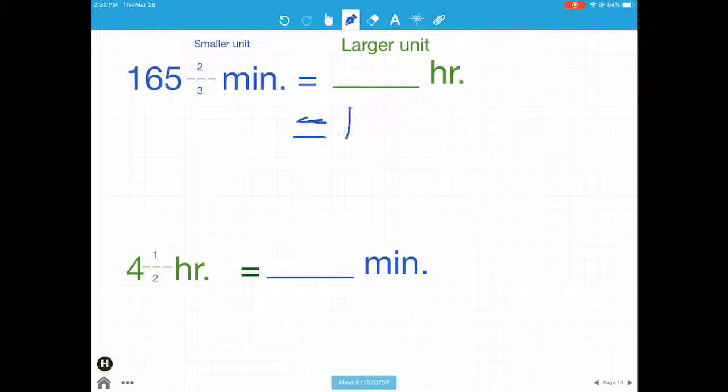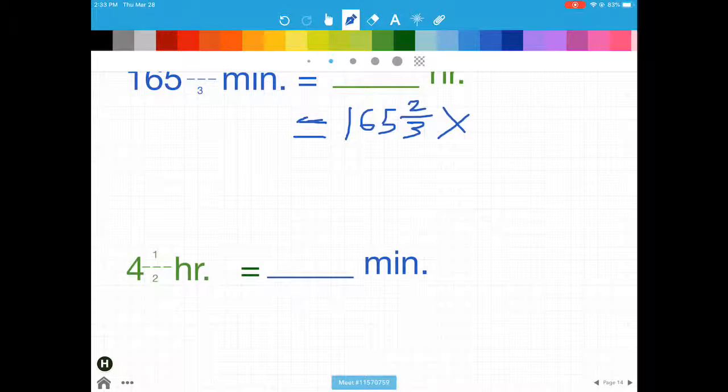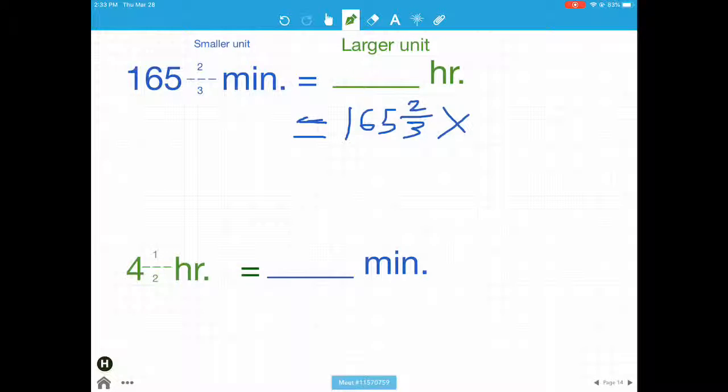We're going to have 165 and 2/3. Okay. I know it's a big number. I'm doing this on purpose. I want you to see the fractions with this. Times 1 hour. Now we need to change it to minutes.